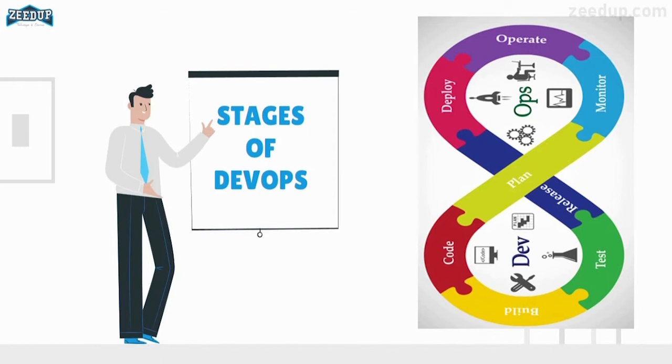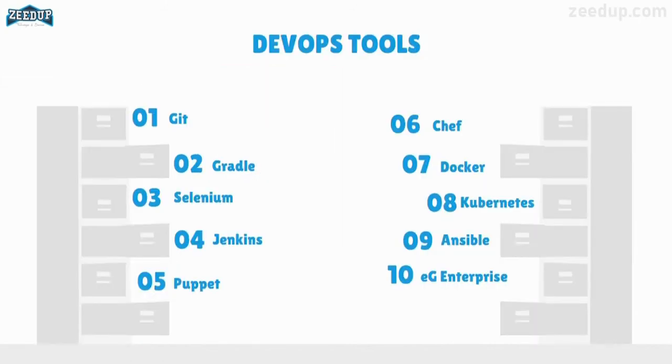And for these 8 stages, we have some tools. On the basis of their popularity and ease of use, we have made a list of top 10 DevOps tools. Now we will look at each one of them individually and try to explain why they are so important.